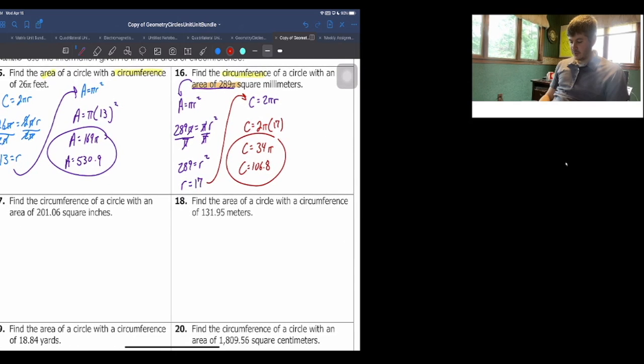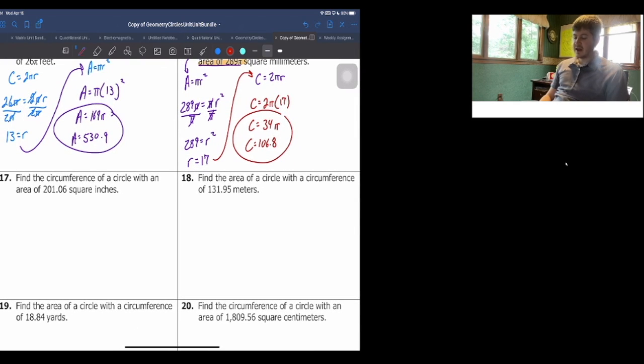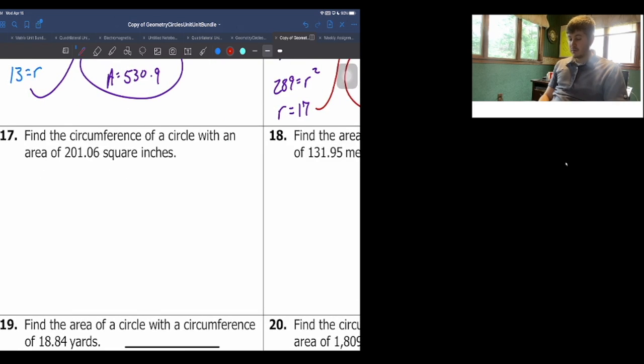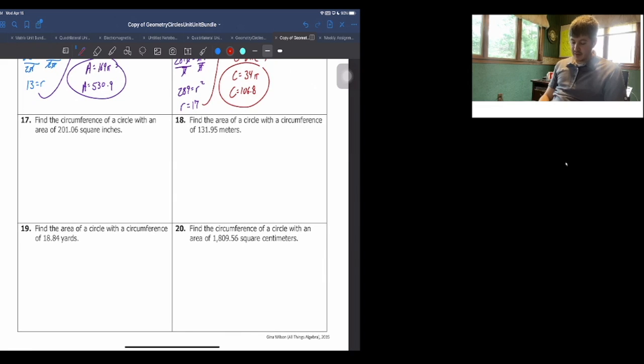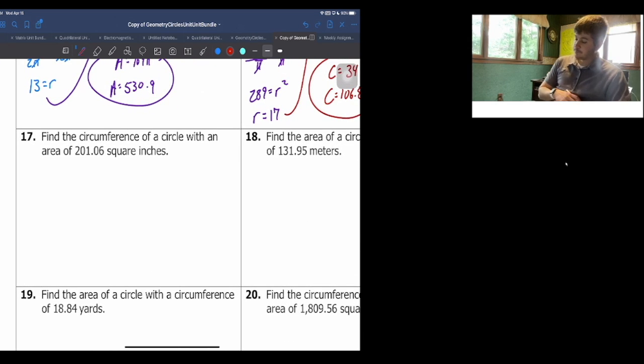So we'll do 17 and 18, because they're not in terms of pi, and that's really the only difference between 17 and 18. So we will do those, and I'll probably skip 19 and 20, and then we can just move right on to the next section.